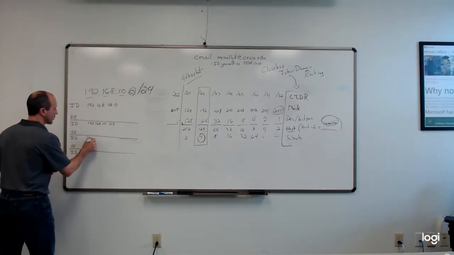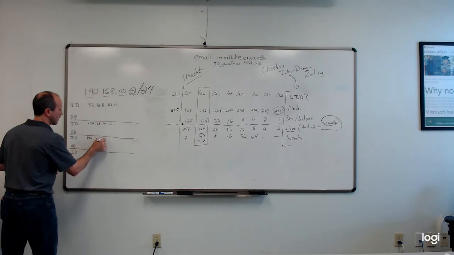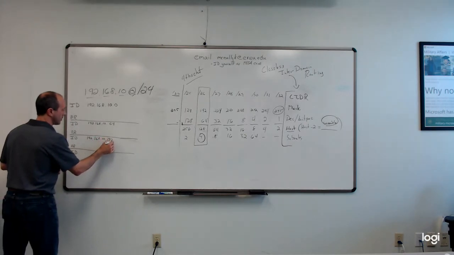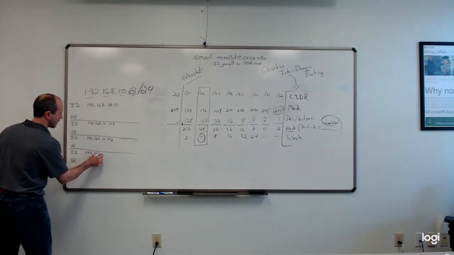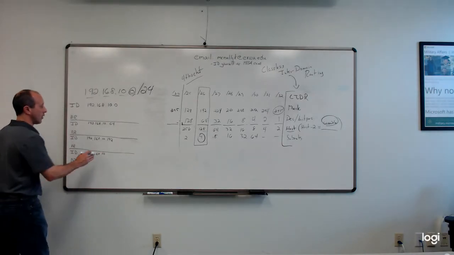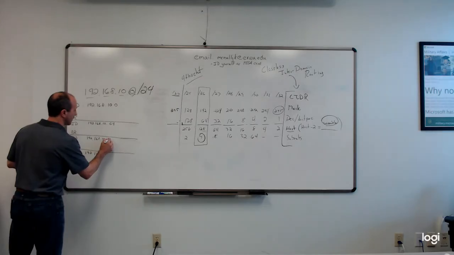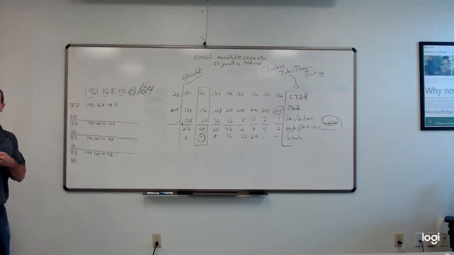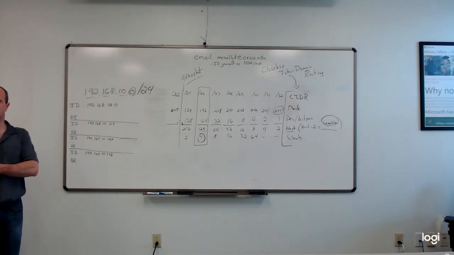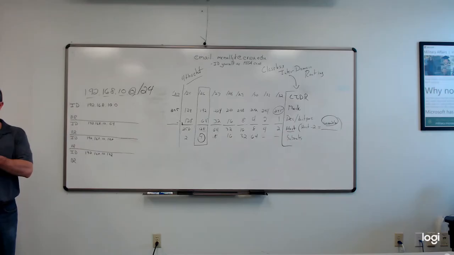My next one is 192.168.10.128, then 192. So I have my 4 starting points. Always start with your starting points, because I can find my ending points easier that way.